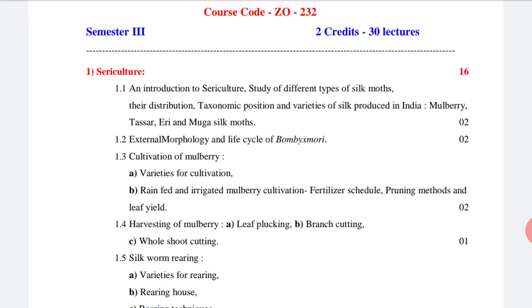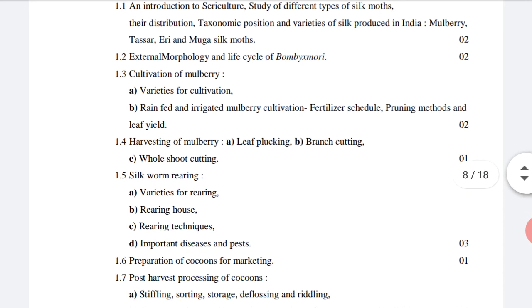Third topic is cultivation of mulberry, varieties of cultivation, rain-fed and irrigated mulberry cultivation, fertilizer schedule, pruning method and leaf yield. Fourth topic is harvesting of mulberry, leaf plucking, branch cutting, whole shoot cutting.